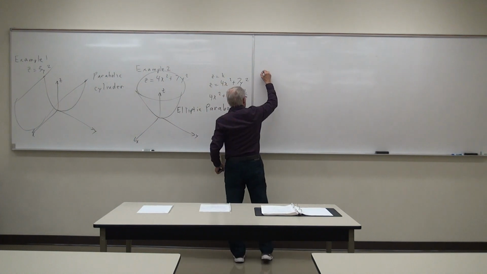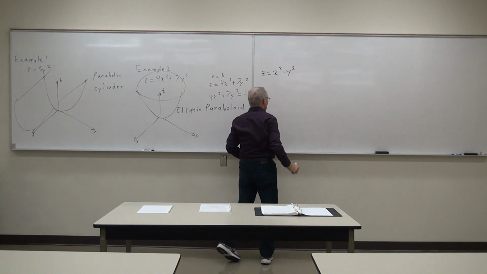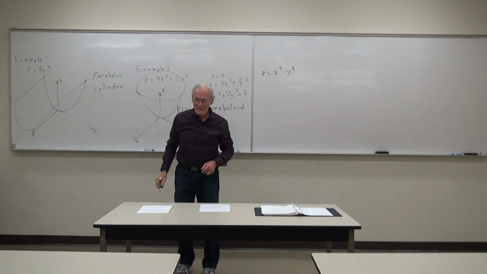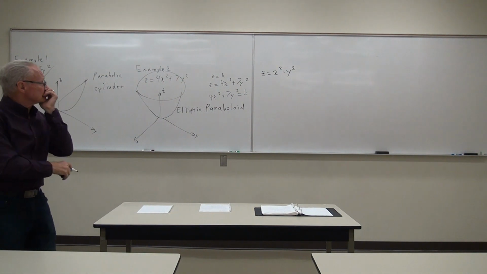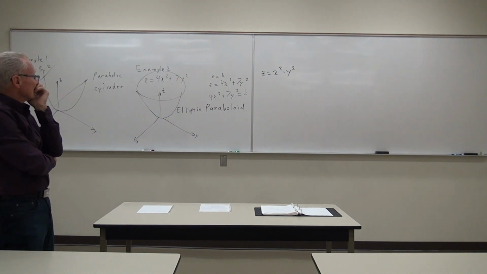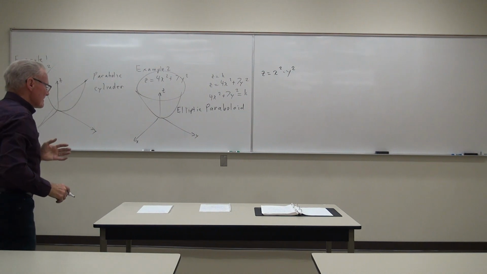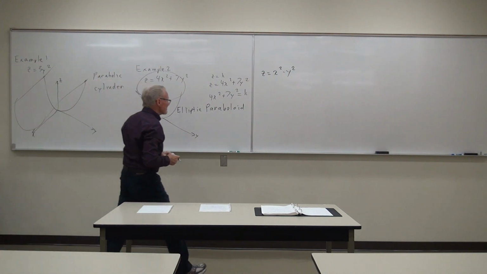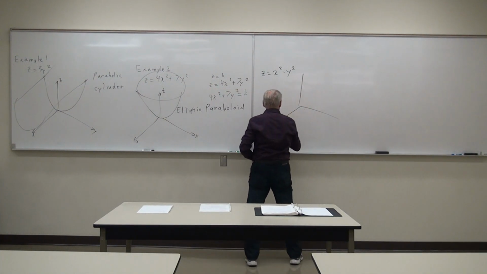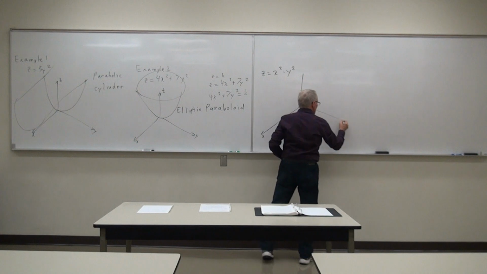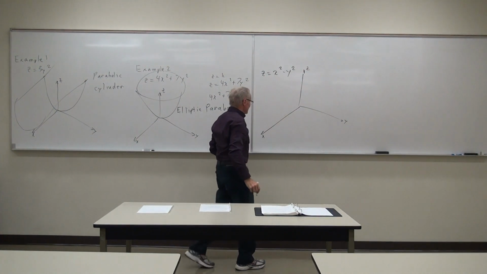Here's one that perhaps is most difficult for students to draw. Z is equal to x squared minus y squared. To draw this, let's go back to first principles. Let's go back and take some cross sections. Maybe by drawing some cross sections, we would be able to piece this surface together.